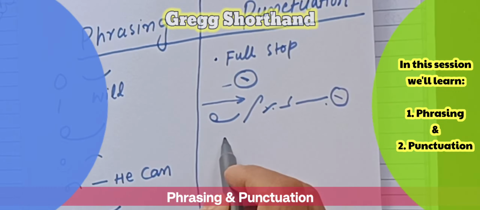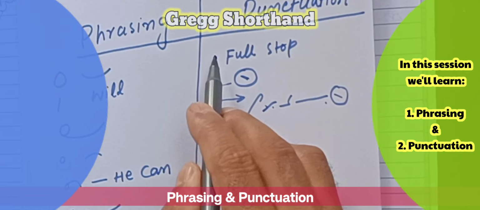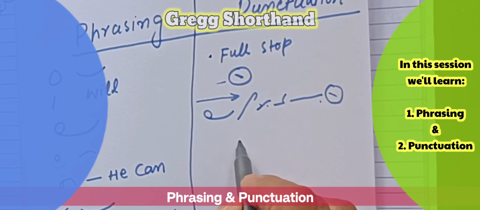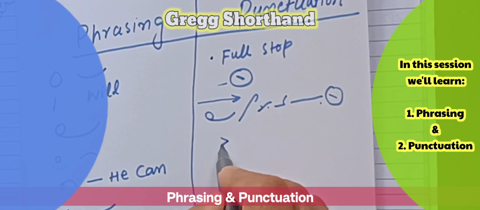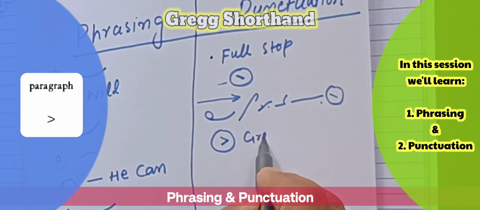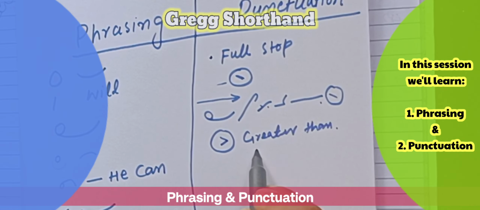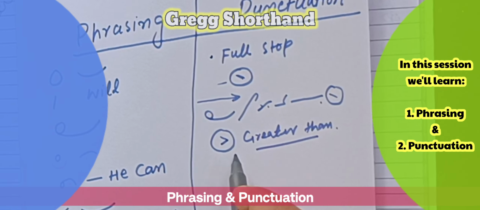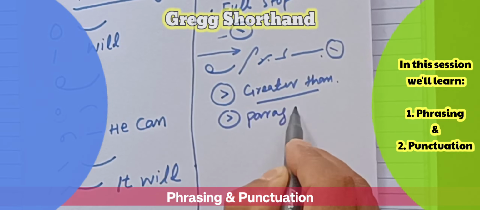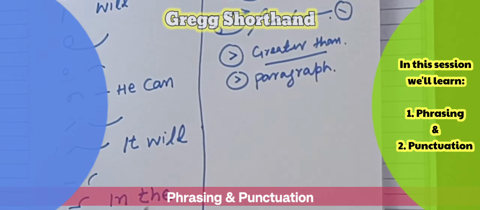Okay. Next, after full stop, we have the paragraph mark. For example, you want to show that this is a paragraph. You can show it by this sign. This is like a greater than sign, which we use in English language or mathematics. So the greater than sign is basically the paragraph sign, to show that the paragraph ends here.